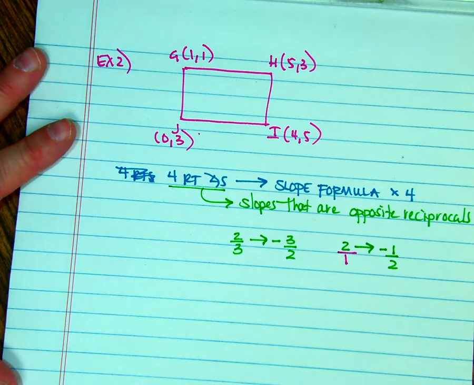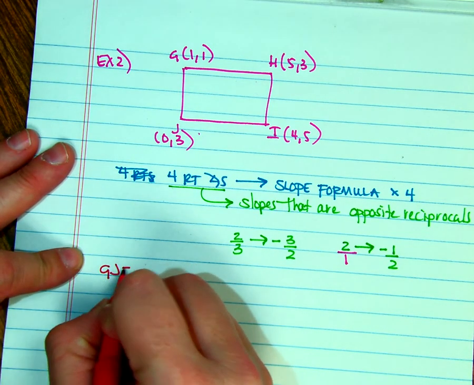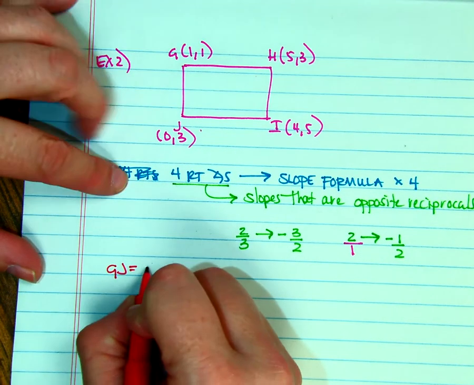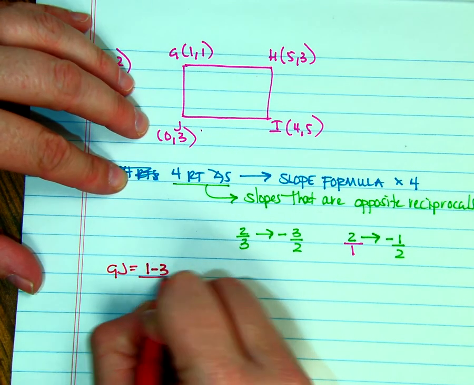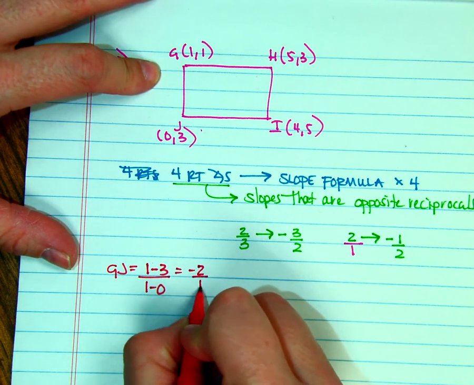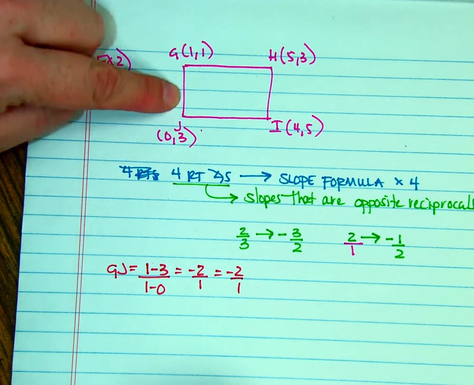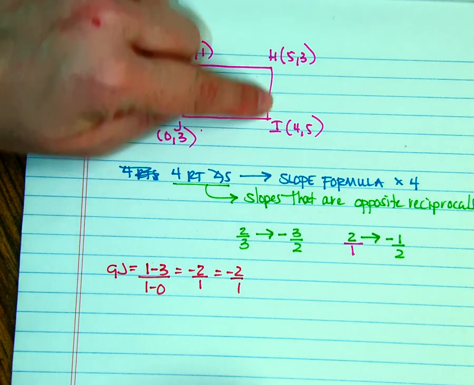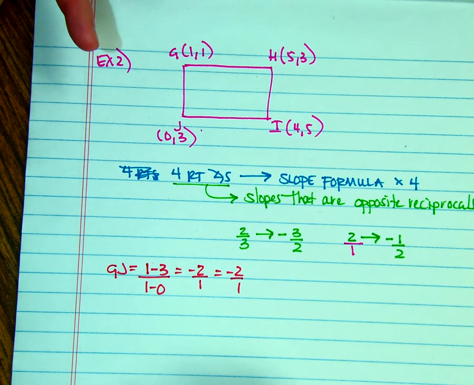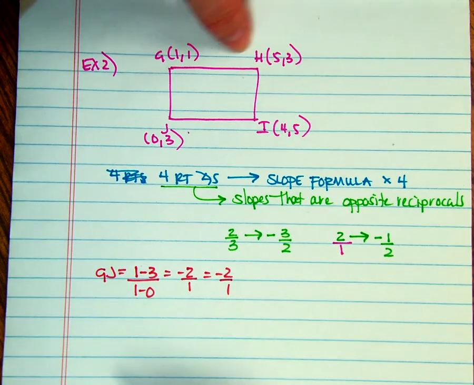So I'm going to use the slope formula and find the slope of GJ. Remember, it's the change in y over the change in x. So I have 1 minus 3 over 1 minus 0, which is -2 over 1, giving a slope of -2. I want to use this one because, much like my sides, these should be the same, which would show that they're parallel. Or I could do GH, because I'm looking for opposite reciprocals.